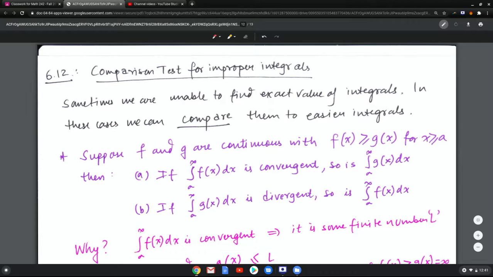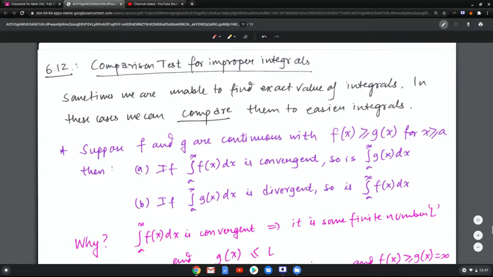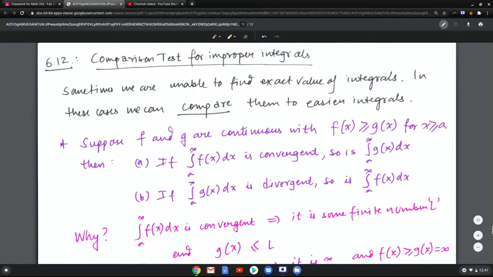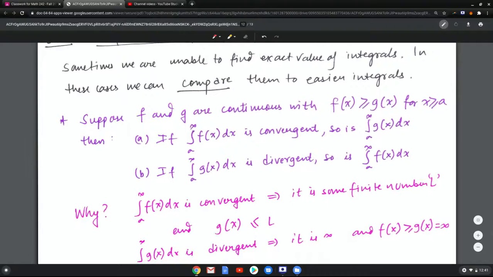Sometimes, we've already mentioned this many times, we are unable to find the exact value of integrals. In this case, what we can do is compare them to easier integrals to get bounds. Because the name of the test is comparison, we need to have two functions. f and g are continuous functions such that f is always greater than g for x greater than a.